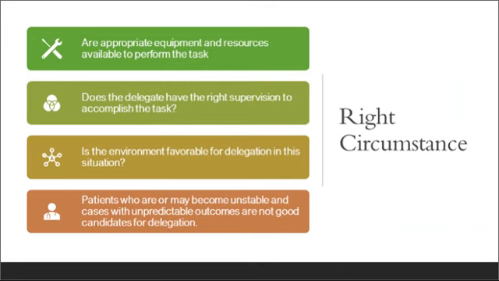The right circumstance. Are appropriate equipment and resources available to perform the task that you've delegated to them? Does the delegate have the right supervision to be able to do that task? Is the environment favorable for delegation in this situation? Patients who are or may become unstable and cases with unpredictable outcomes are not good candidates for delegation.